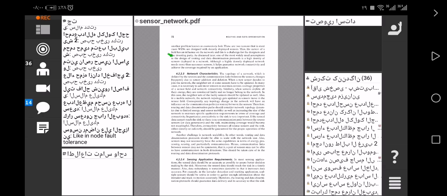But because of failure or energy depletion, these links can crash. Because of the addition of new sensors to the network, we have new links. So the topology of the network is dynamic and can change frequently, and this is because of network characteristics.